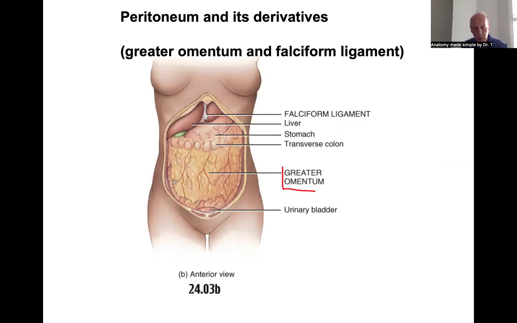Basically, the adipose tissue in the greater omentum is acting as a thermal barrier, preventing any kind of excessive loss of heat through the abdominal wall. So it safeguards us.